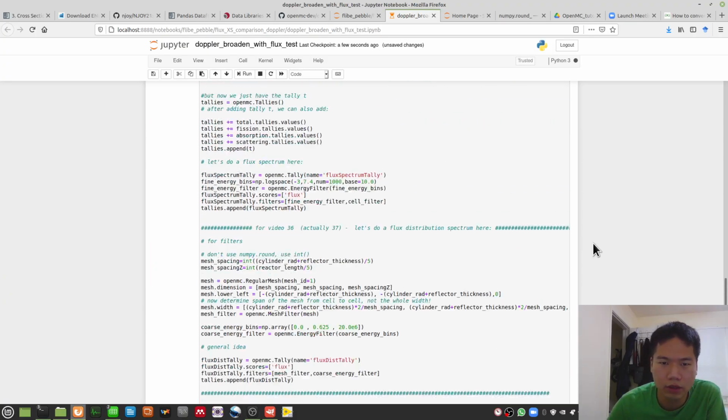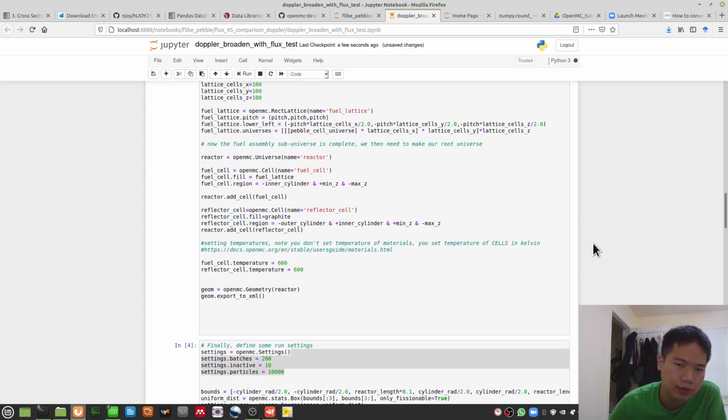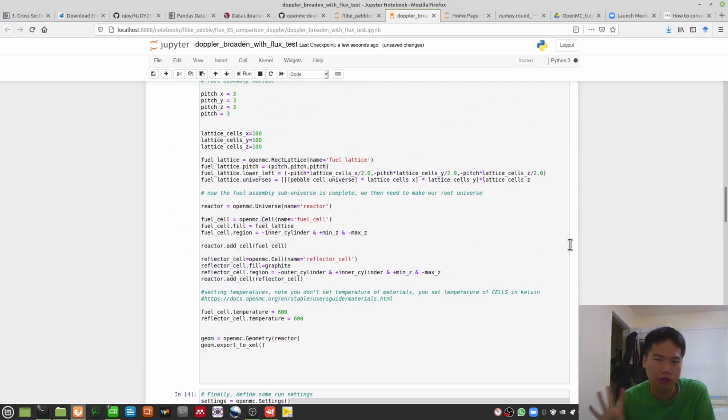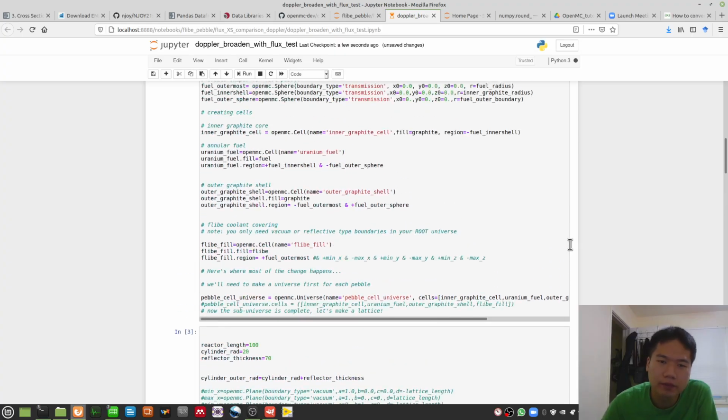Alright, so of course you can actually test for lots of other feedback as well. You can look at void feedback, like you change the density of the flux, you change your reactor dimensions a little bit, and you see what happens to the K effective. Alright.